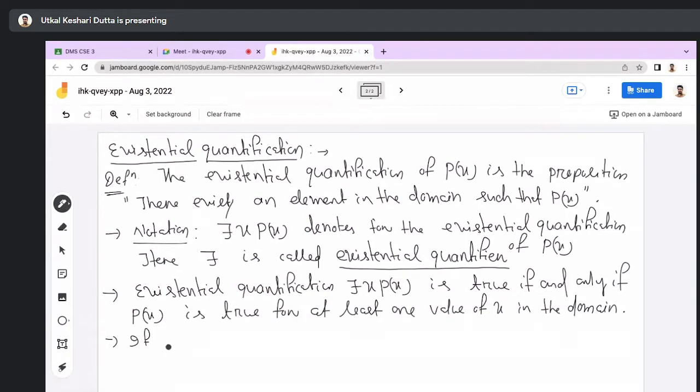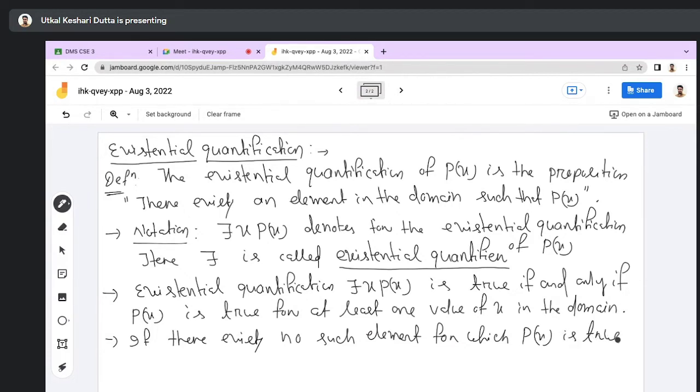If it is false for all the values, that means if there exist no such elements for which the given predicate is true, then the existential quantification there exists x P of x will be false.